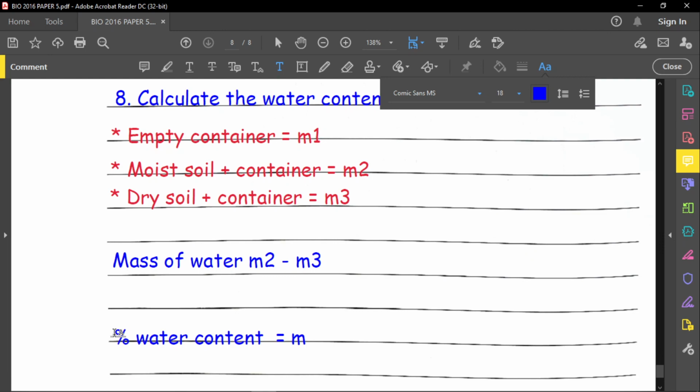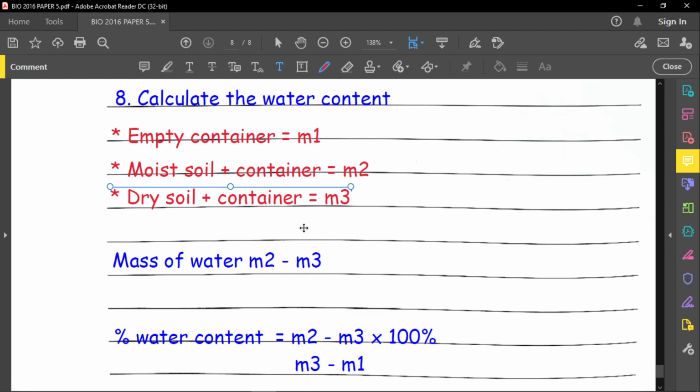So this will be mass 2 minus mass 3, multiplied by 100%, all divided by mass 3 minus mass 1. So that will be your calculation there.